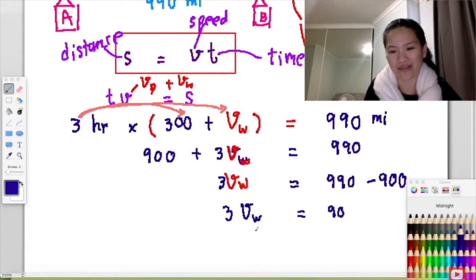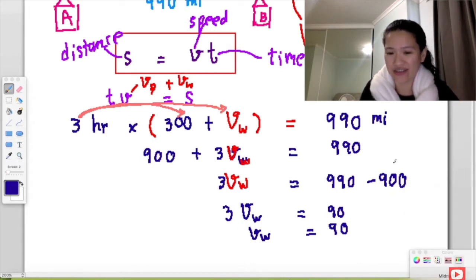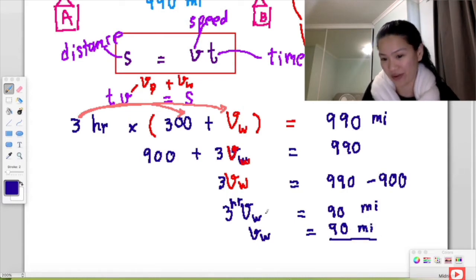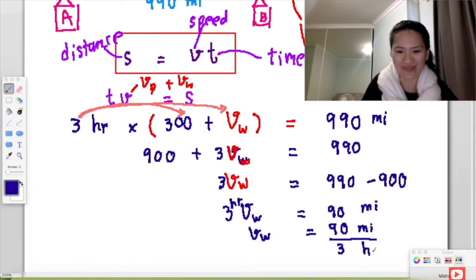VW equal 90. But don't forget, these ones have the distance, the unit is mile. 3 is 3 hours. So when I move 3 hours here, 90 mile divided with 3 hour. Hour is still here.